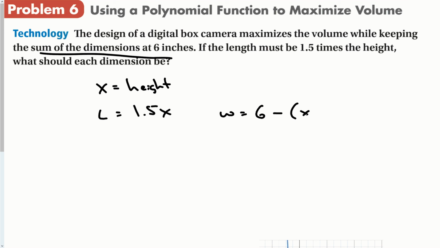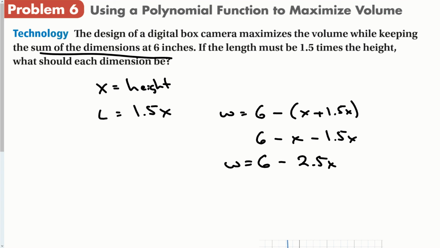So that's the height and the length. Okay, and if I distribute that, I get 6 minus x minus 1.5x. So that's 6 minus 2.5x. And that is the width.